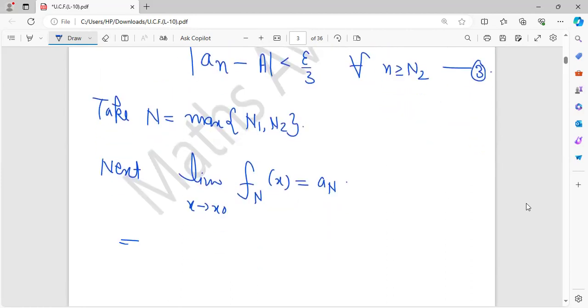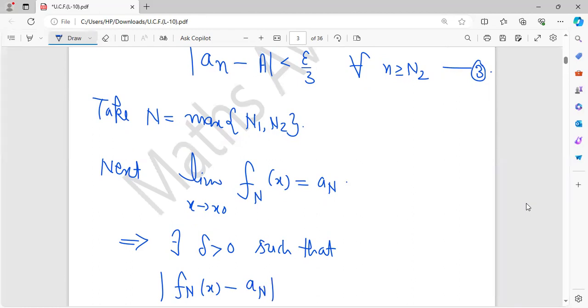It means that there exists delta greater than 0 such that |f_n(x) - a_n| is less than epsilon by 3 for all x belonging to I such that |x - x naught| is less than delta.